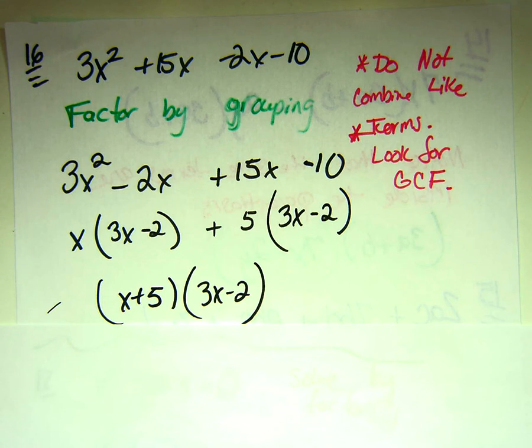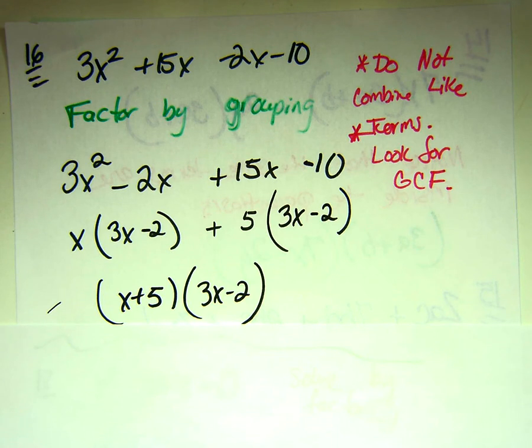So let's look at this. We got a 3x squared and a 15x and then a negative 2x and a minus 10. Well, we have to find out what variables and factors they have in common. Unlike the previous one, we had numbers and variables that were alike. Well, this time, let's just focus on basic multiplication.